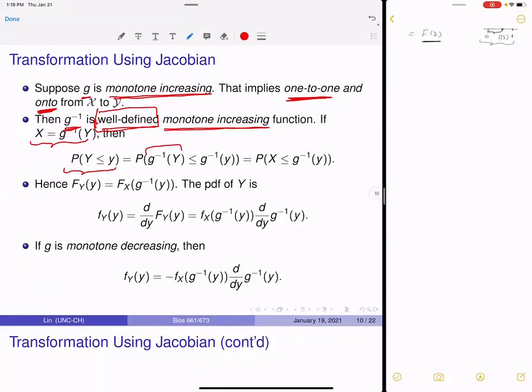I apply G inverse in the left-hand side and in the right-hand side, and that is really nothing but the definition: G inverse function equals y.